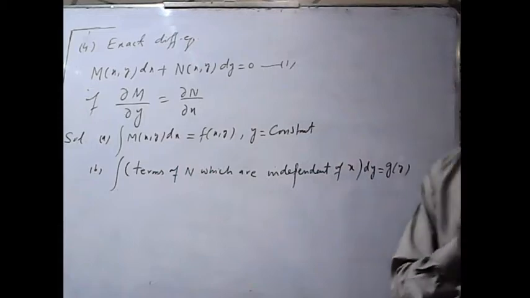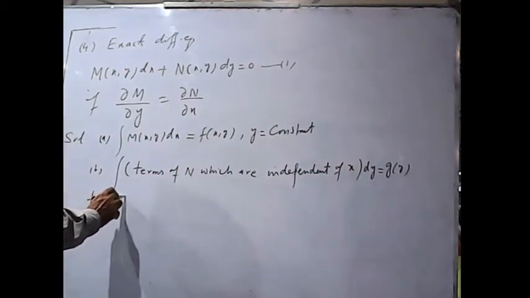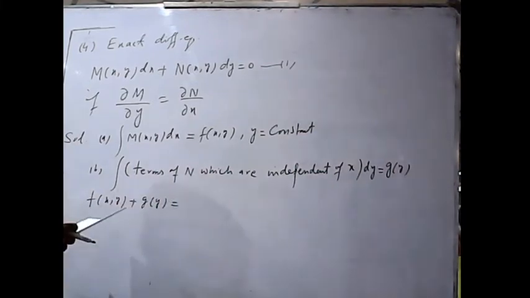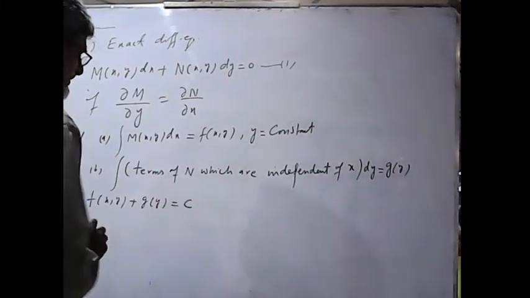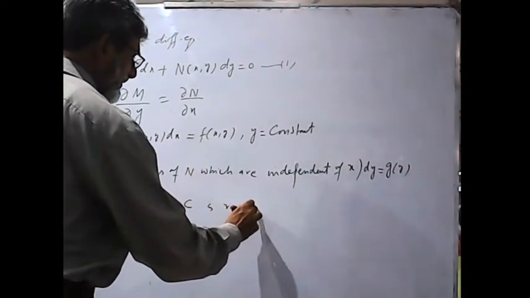Integrate all terms of N which are independent of x, meaning the terms that do not contain x, with respect to y, is equal to g of y. Then the final solution, the sum of the two, f(x,y) plus g of y is equal to an arbitrary constant, is the required solution.